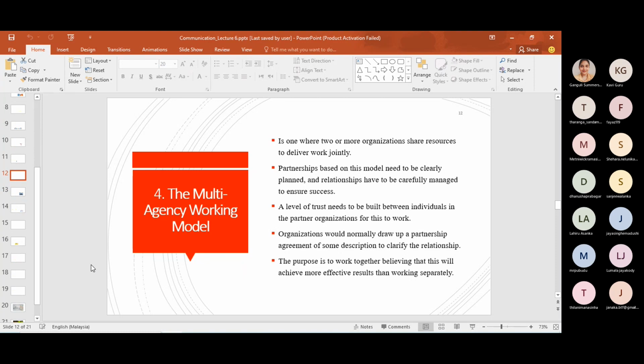And then we have the fourth model, the multi-agency working model. In this model, two or more organizations share resources to deliver work jointly. These resources don't always have to be money. In addition to money, it can be physical resources, and it can be human resources, people.